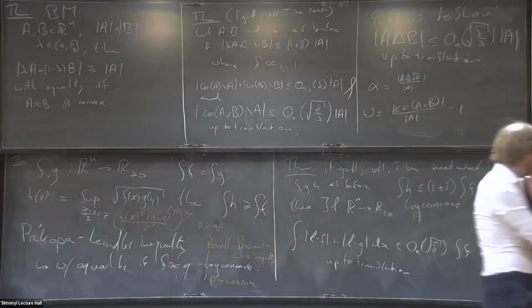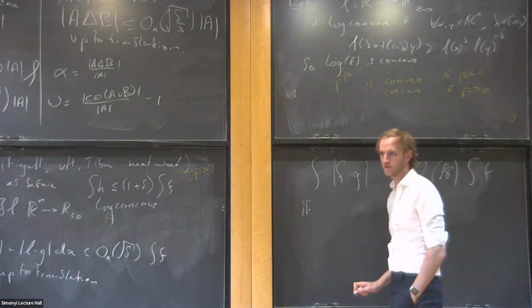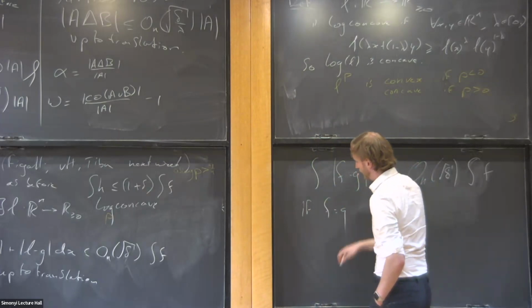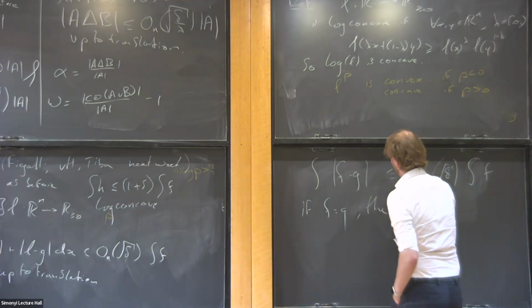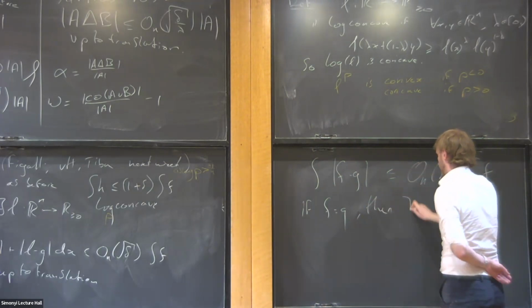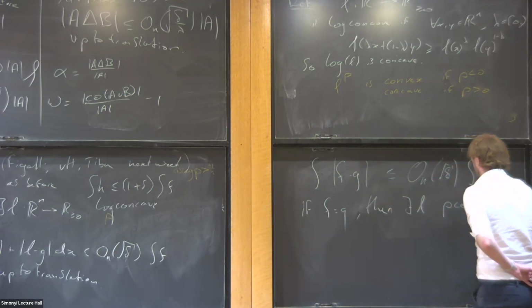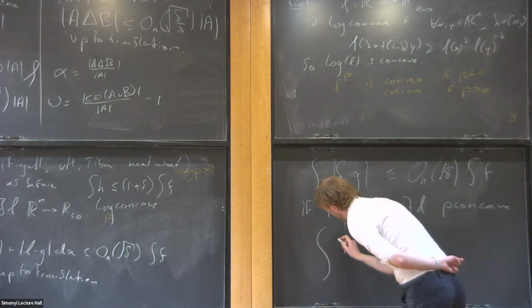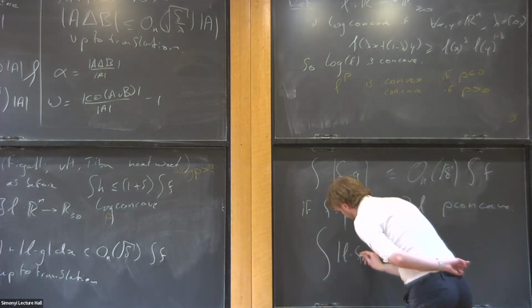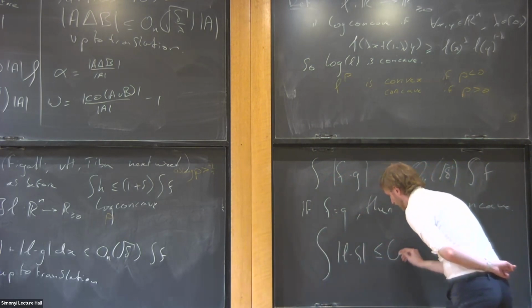It's a result that says, in the special case that f and g are the same function, if f is g, then there exists an L, which is p-concave, so that L and f look a lot like each other.